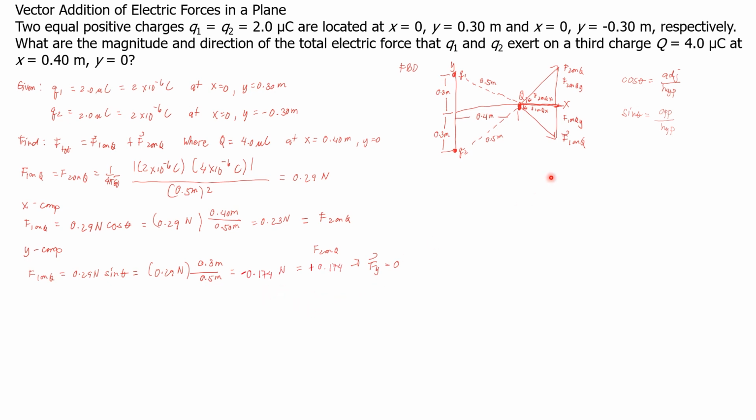Since the F1 on Q y is going to the negative, we have negative 0.174, and our F2 on Q y is positive, so our total force along y is 0.